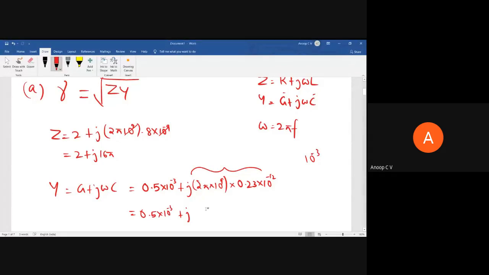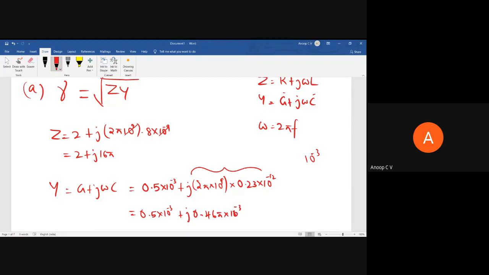That is 0.46 pi. Or else I'll write 0.46 pi itself. So it is 0.46 pi into 10 power minus 3.